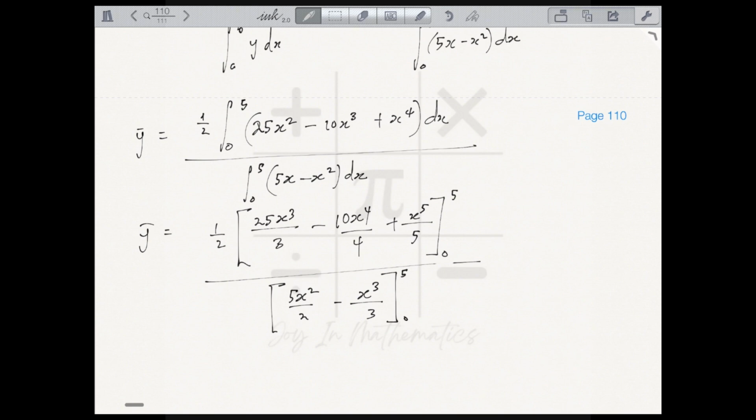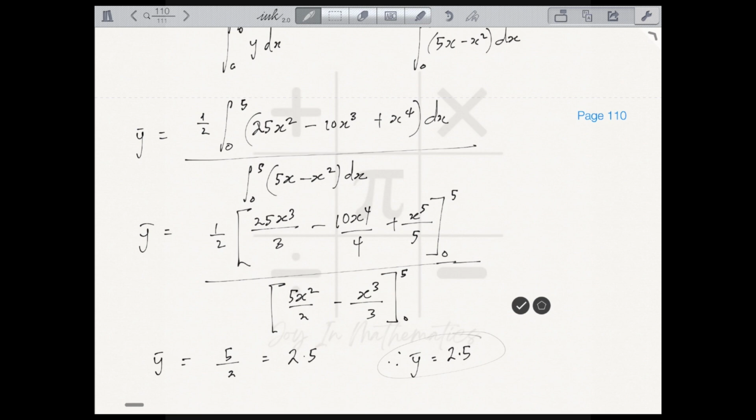Now with this done, after we have substituted our lower limits and upper limits for both the numerator and the denominator, we will still also have an expression of 5 over 2, which is 2.5. Therefore our y bar, that's the y coordinate of the centroid, is equals to 2.5.